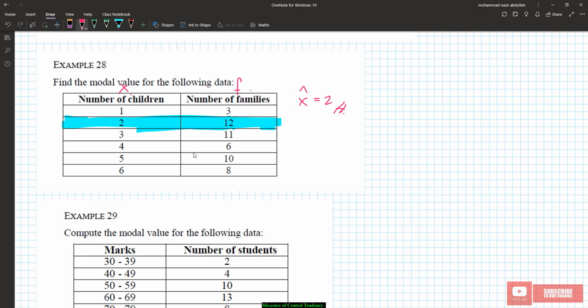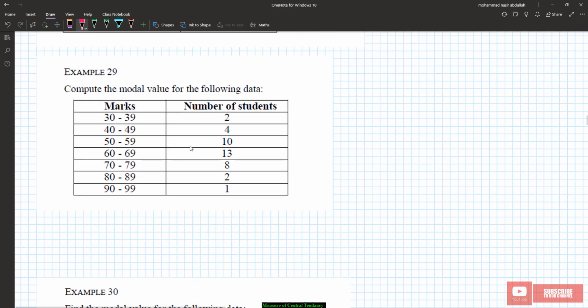Now this is going to be very easy, but let's pay more attention to example number 29. In example number 29, the first step is we need to find the modal class. The modal class is the class that has the highest frequency. So let's look at this frequency column. The highest frequency should be 13.